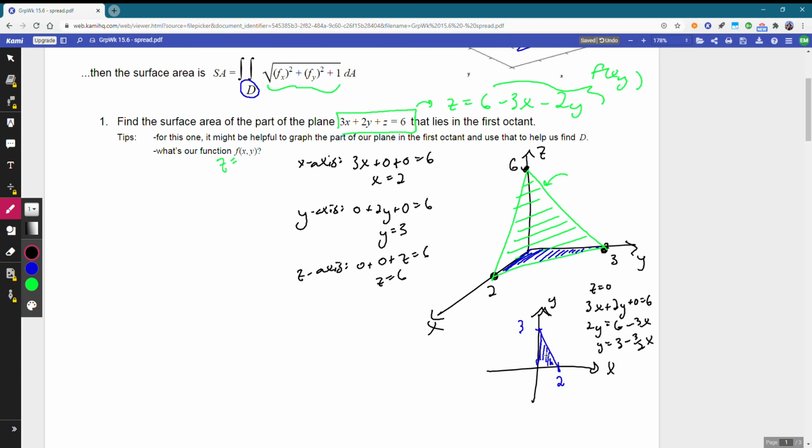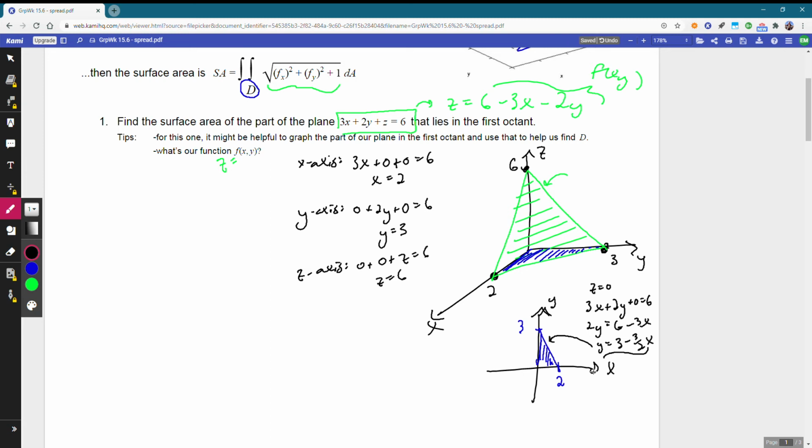And indeed, that's what we see here. Our y-intercept is 3, and the slope of our line is going down 3 after a run of 2, so negative 3/2. Either way, we could have come up with the equation for that side of our triangle.